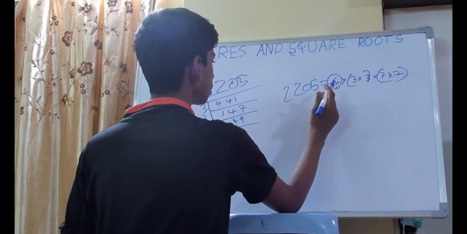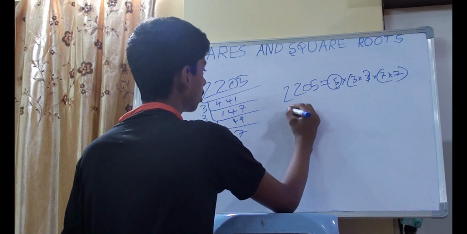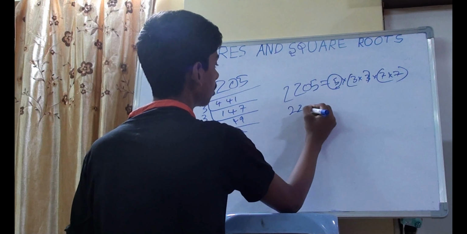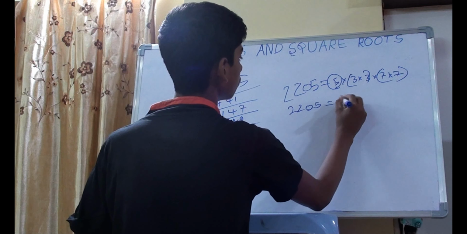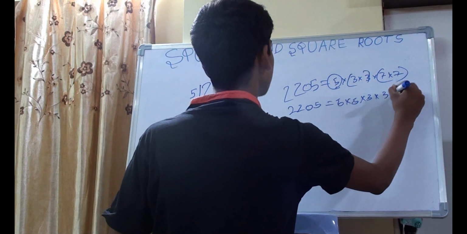In the first case, let's multiply it with 5. So it becomes 2205 times 5 equals 5 into 5 into 3 into 3 into 7 into 7.